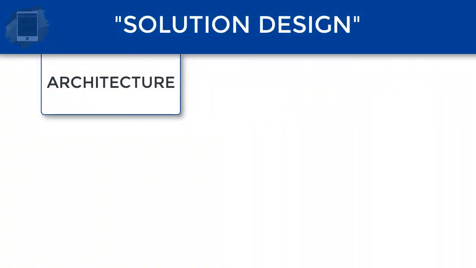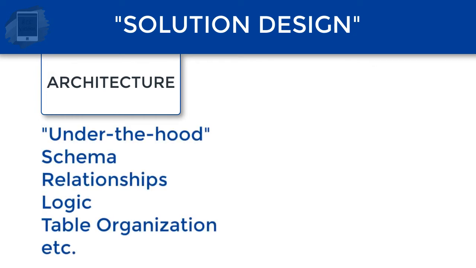Okay, the design. I articulate the design in two sections, right? What we call architecture is all the design under the hood: the schema, relationships, and the logic, the table organization, and the navigation of layouts and stuff like that.